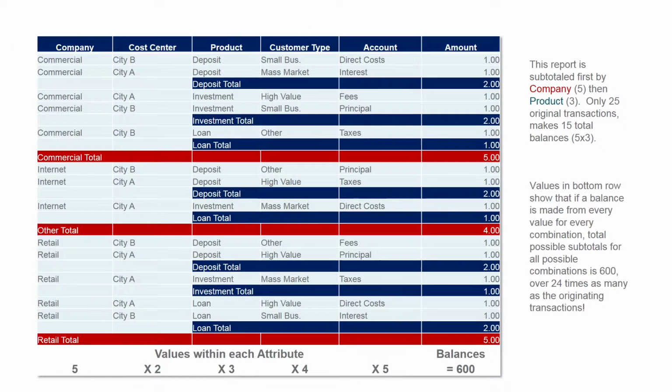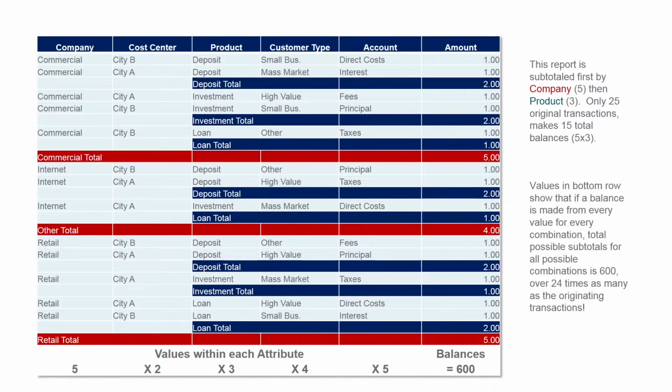We're going to use this next set of transactions in the next few slides to explain more about the daily cycle. Let's imagine for a moment that we had this set of transactions for the number of values in the attributes shown here. There are 5 different attribute values in the company value.